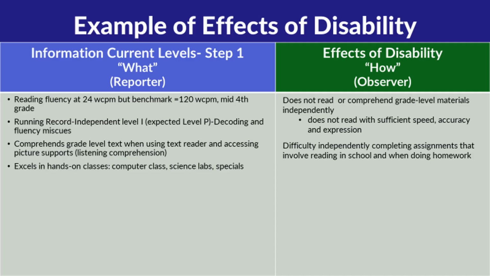Running record shows that the independent level is reading text written at the A to Z level I with decoding and fluency miscues. The student comprehends grade level text when using a text reader and accessing picture supports listening comprehension. And the student excels in hands-on class activities, computer class, science lab, and specials.